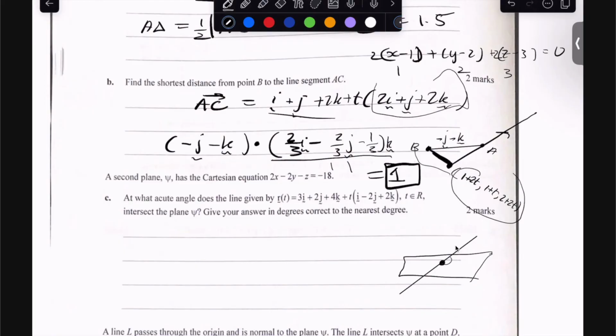So what you can do is find the normal vector to that plane. And that's what you've got here. So normal vector is 2i minus 2j minus k, right?